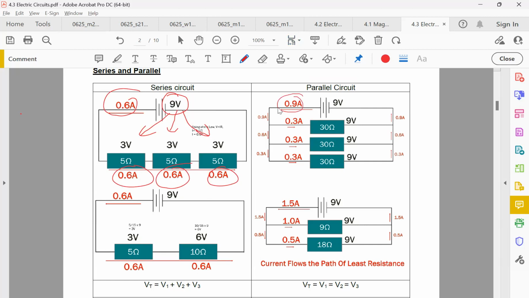So this is the first thing you need to remember, guys. Very important. If the voltage splits, the current will be the same. If the current splits, the voltage will be the same. For this scenario here, the voltage is splitting, the current is the same. In this scenario, the voltage is the same, the current is splitting.